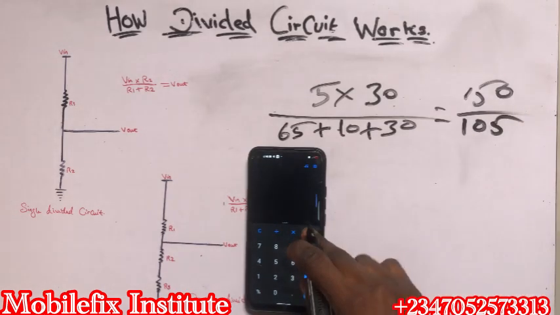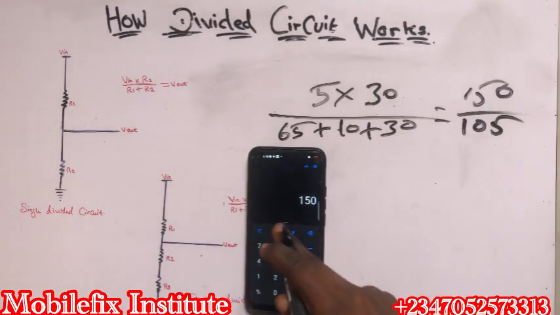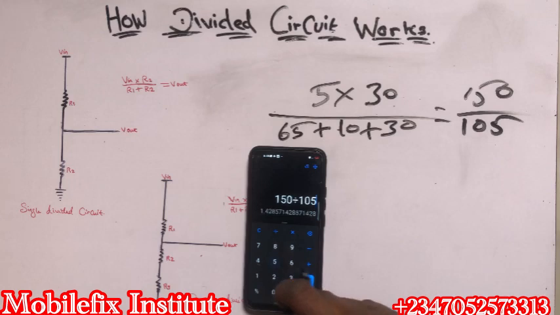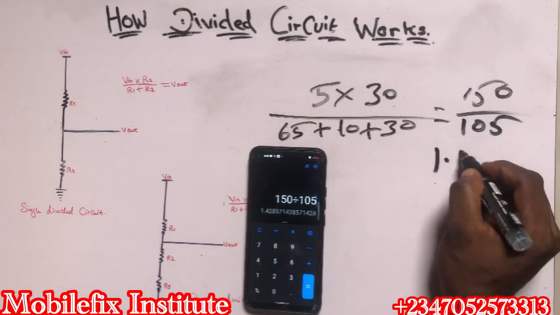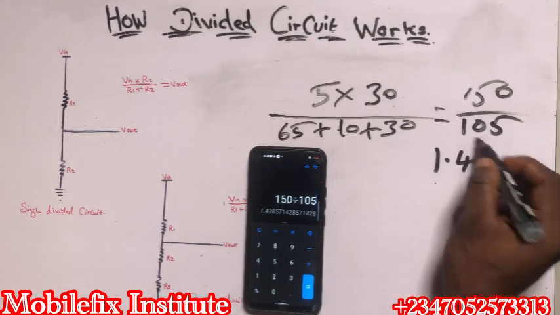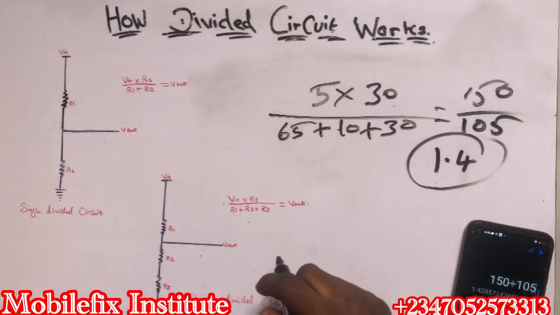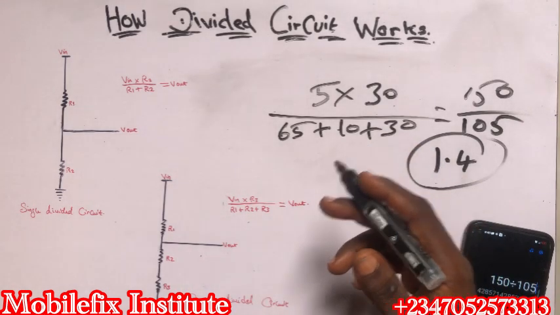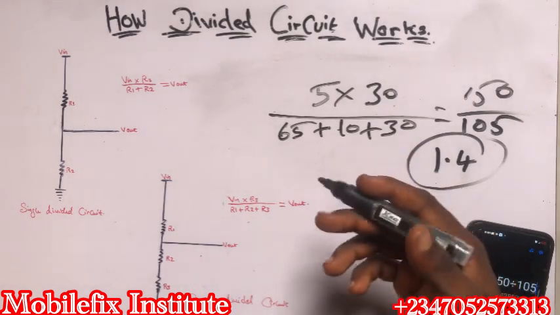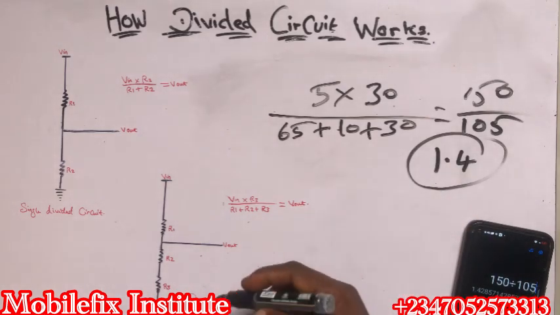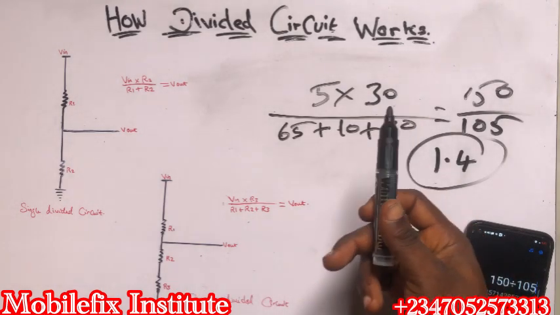So 150 divided by 105 gives us 1.4 volts. So our output voltage is 1.4. There are some models on the BAT ID line where you will see a double divider circuit. Okay, and how will you know? Your schematic is there with you.